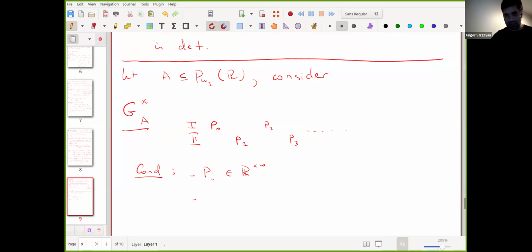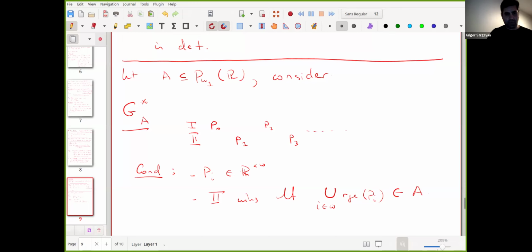One wins, or I think he says two wins, it's not really important. Two wins if the set of reals that have been played in all of these moves belongs to A.